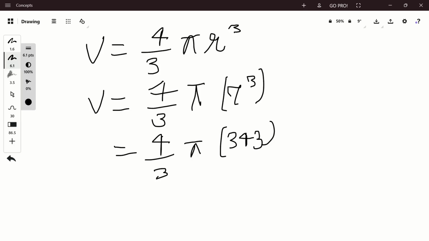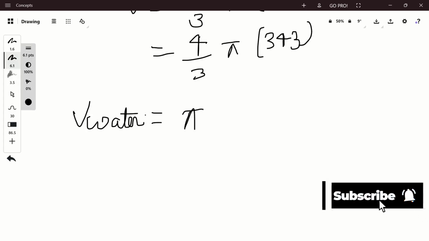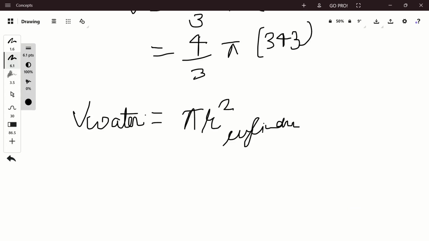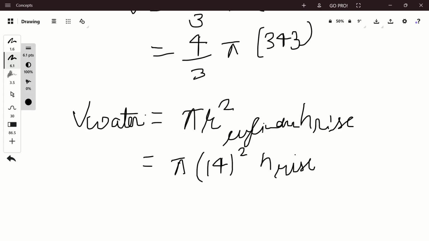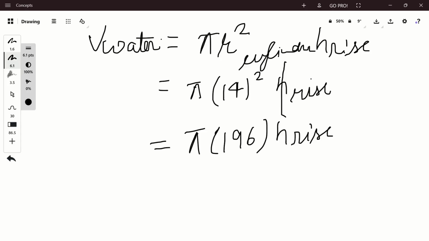The volume of the displaced water is equal to pi r square of the cylinder into h rise, which is equal to pi 14 square h rise, which is equal to pi 196 h rise. Equate the volume and solve for h rise.